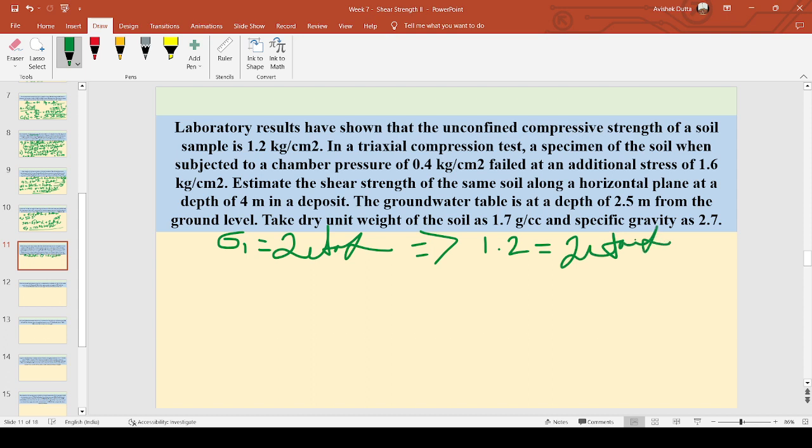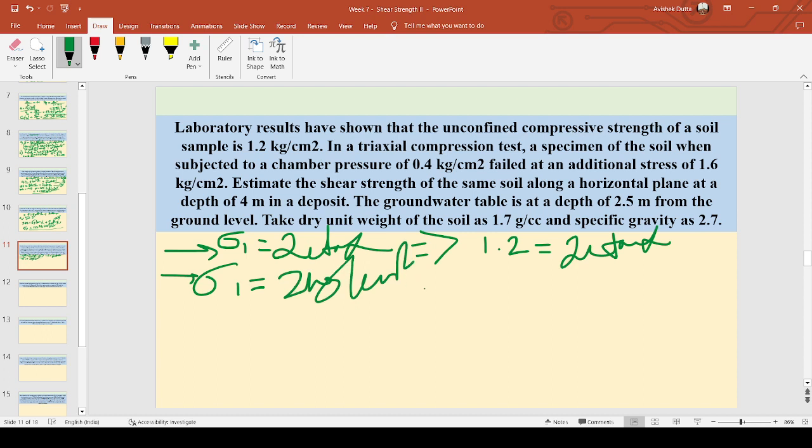Next comes the triaxial test. In the triaxial test, we get sigma 1 equals sigma 3 plus sigma d. Sigma 3 is 0.4 and sigma d is 1.6. We get the value of 2, that is 2 kg per cm square.